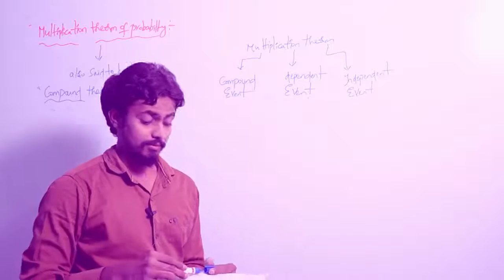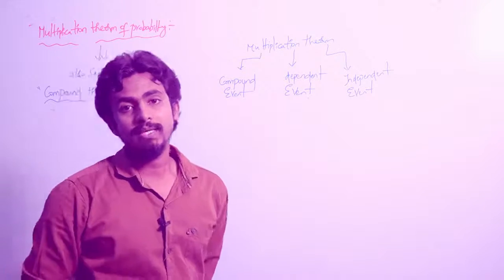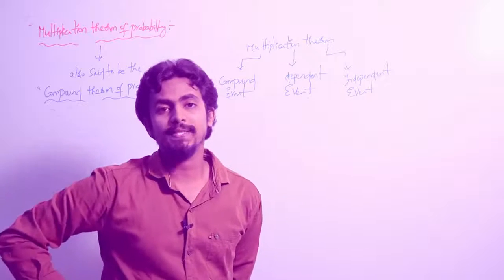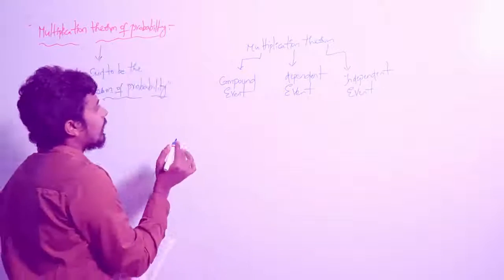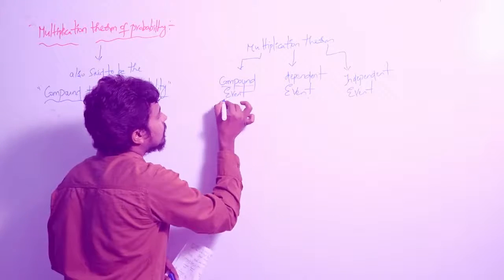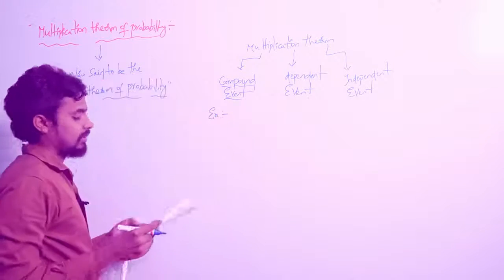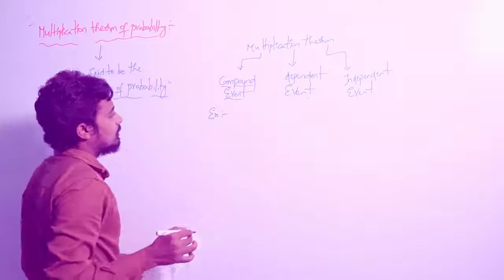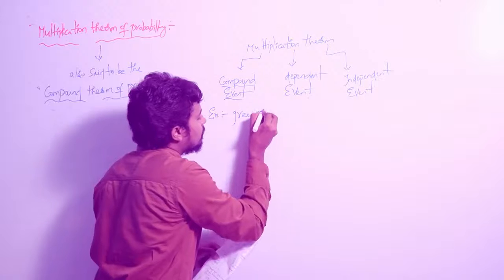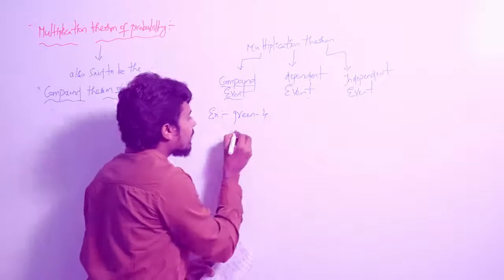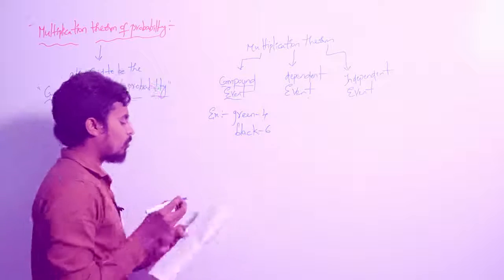Let's see first the compound event. If you take some different types of balls, that will be green, black and white. Example for this compound event: if you take green be 4, black be 6 and white be 7.